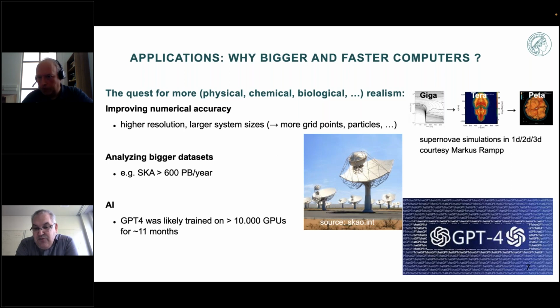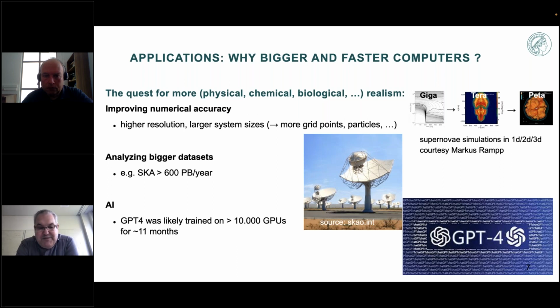The data that is being used and that needs to be analyzed is also increasing. We are building enormous new experiments. I have here an illustration of the Square Kilometre Array that is being built, and that will likely produce over 600 petabytes of data per year that needs to be analyzed and processed. And not surprisingly, AI is starting to take significant computing resources. You all know about GPT.